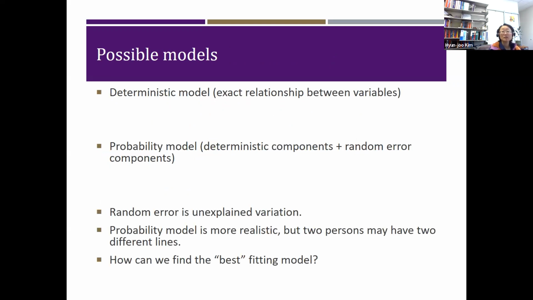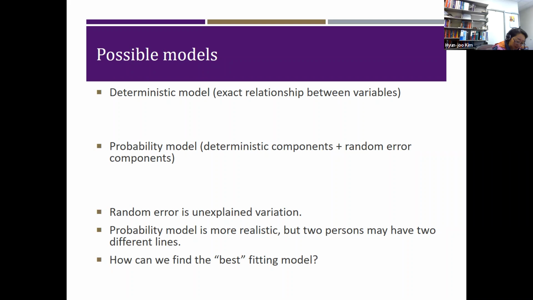Okay, so here are some more broad ideas. We can think about a deterministic model or a probability model. A deterministic model assumes there's an exact relationship between variables.